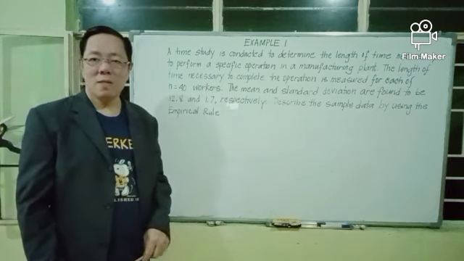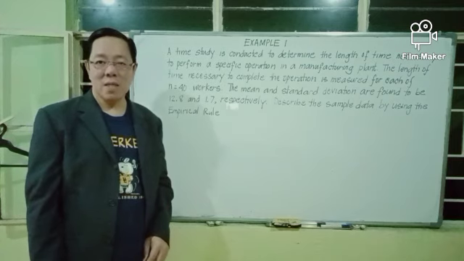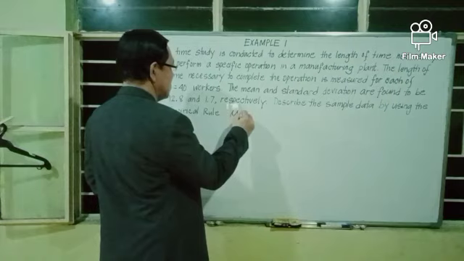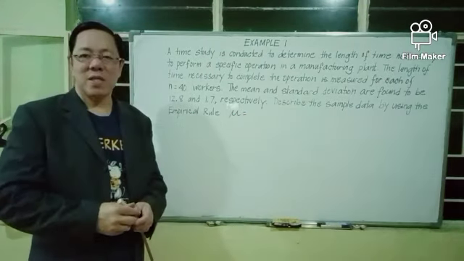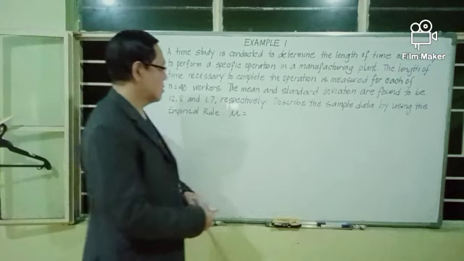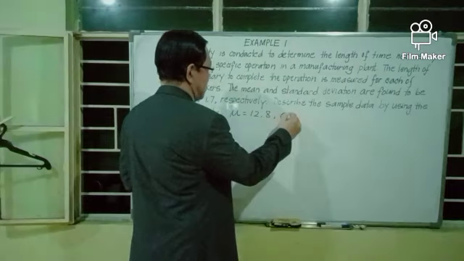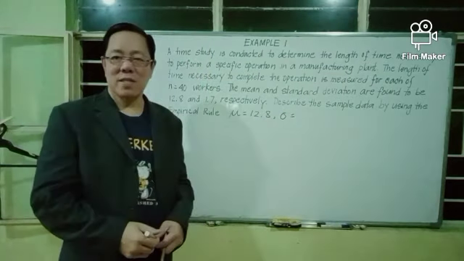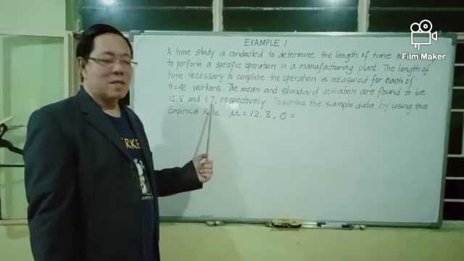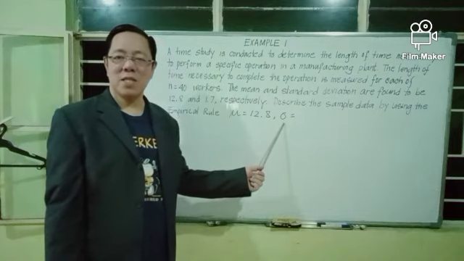The only things that we need in applying the empirical rule are the mean, denoted by mu, and in this particular example, the mean mu is equal to 12.8. And we also need the standard deviation. For this particular example, we are given that the standard deviation is 1.7, denoted by the Greek letter sigma.